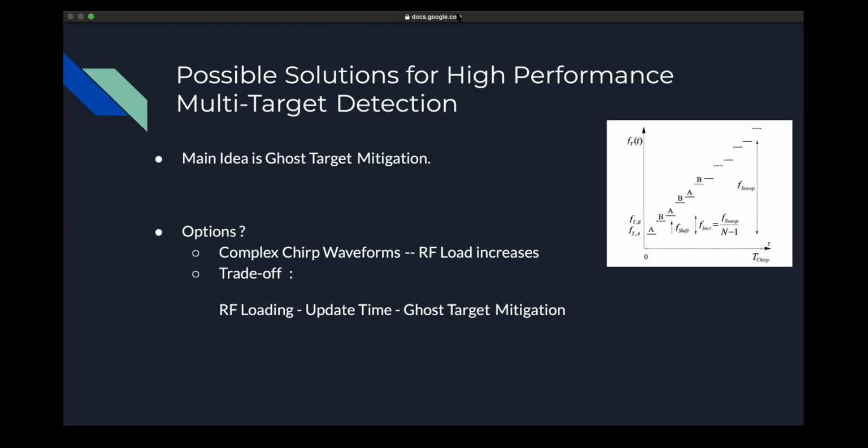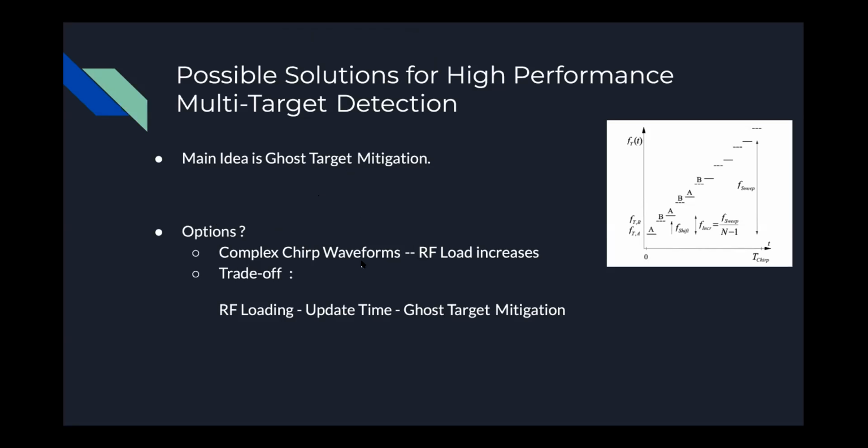In literature, many complex chirp waveforms have been suggested to mitigate this problem of ghost targets, but that actually increases the RF overload at the transceiver end. So there is a trade-off between the RF overloading, update time, and ghost target mitigation. These three need to be taken into consideration when designing an approach.